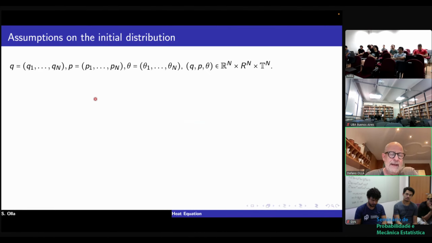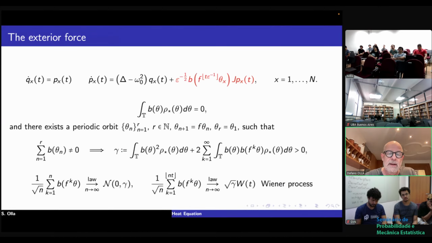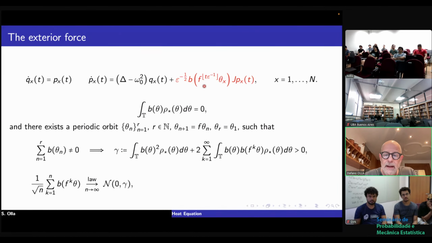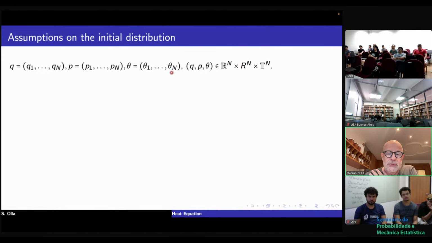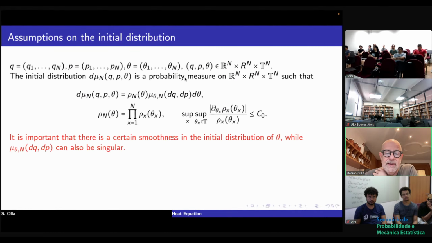The initial configuration is the configuration of the particles, the configuration of the velocities, p, and you also have to give an initial condition on this angle theta, the starting point for the dynamical system. Each atom has its dynamical system, and then there are these maps, and you have to give this initial condition.